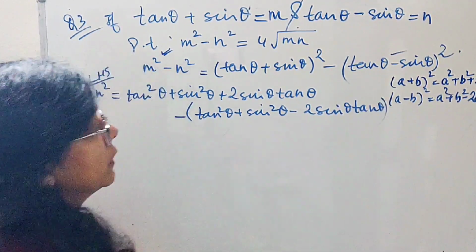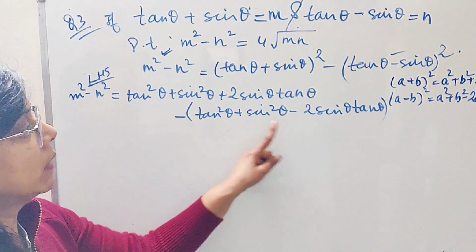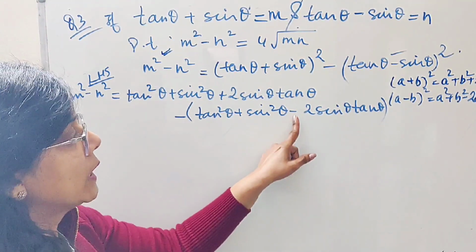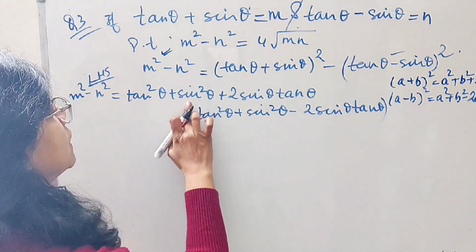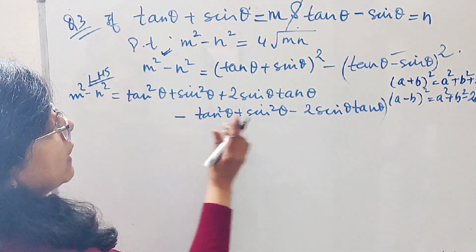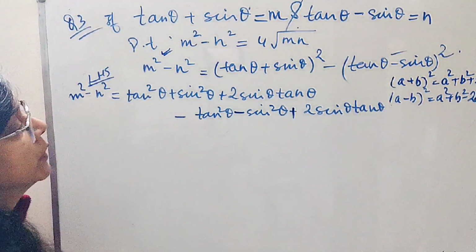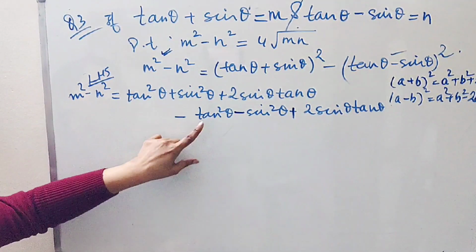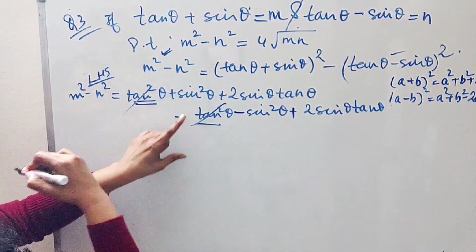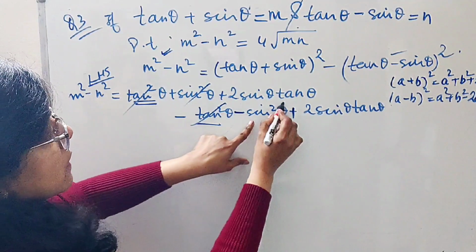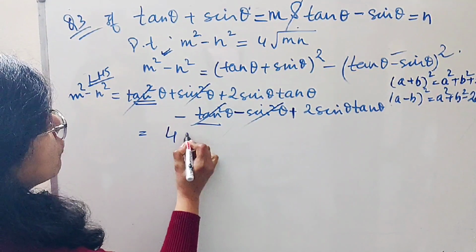Now when we open this bracket, all the plus signs will change into minus and minus will change into plus. I am doing it here only; you will do it in the next steps. So this will become minus, minus and plus. So you can see we can cancel tan square theta plus minus, and sin square theta plus minus. Now what are we left with? We are left with 4 sin theta tan theta.